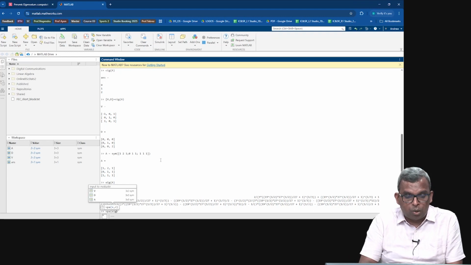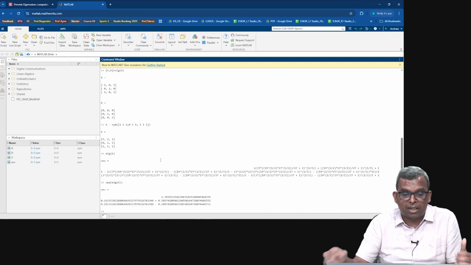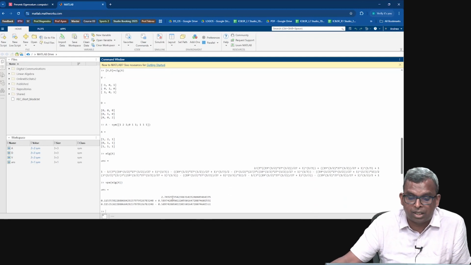If you want to compute it, you can use VPA, which is a numerical computation. The symbolic toolbox gives you the answer in radical form, but you can compute numerically and you can see it's got one real eigenvalue and a complex conjugate pair of eigenvalues.